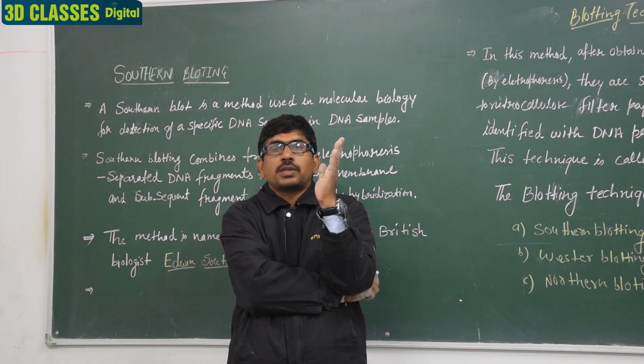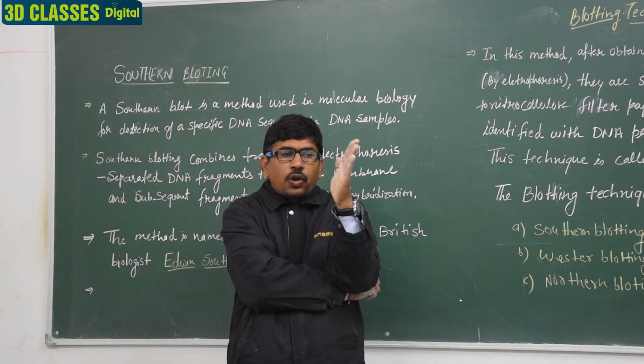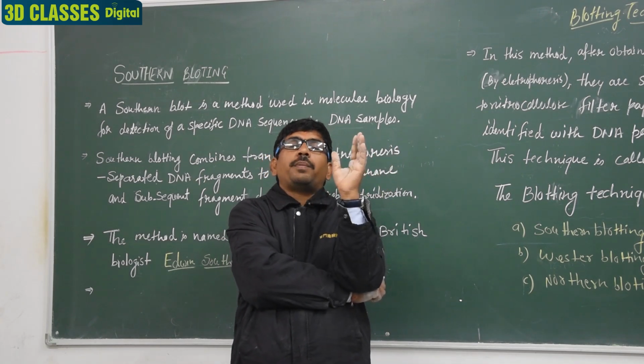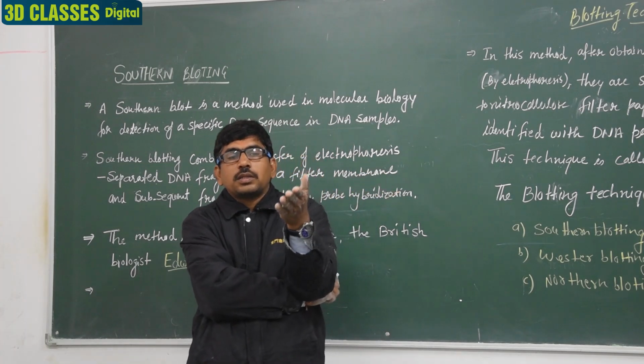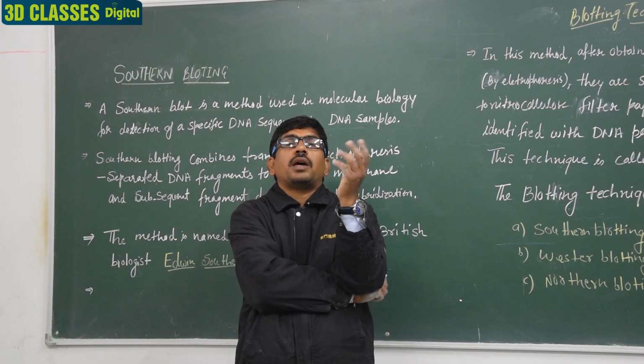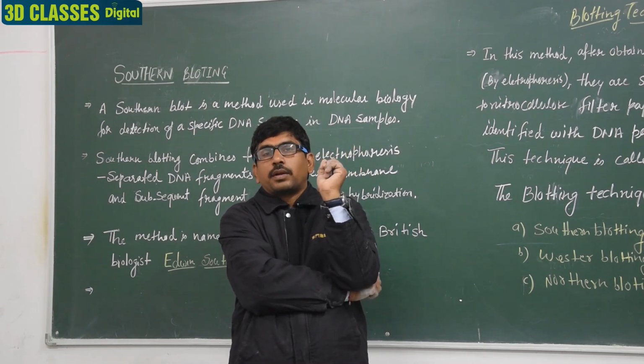In the electrophoresis process, we obtain the DNA band pattern when we place this gel under UV rays after staining with EtBr dye, and we obtain the picture of the gel with the DNA band pattern.